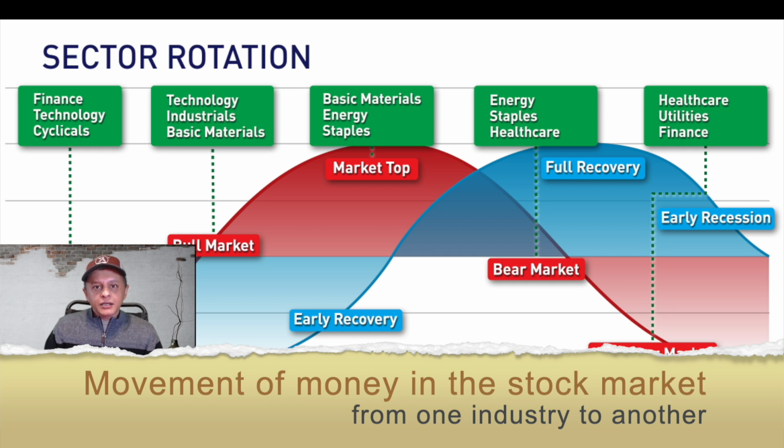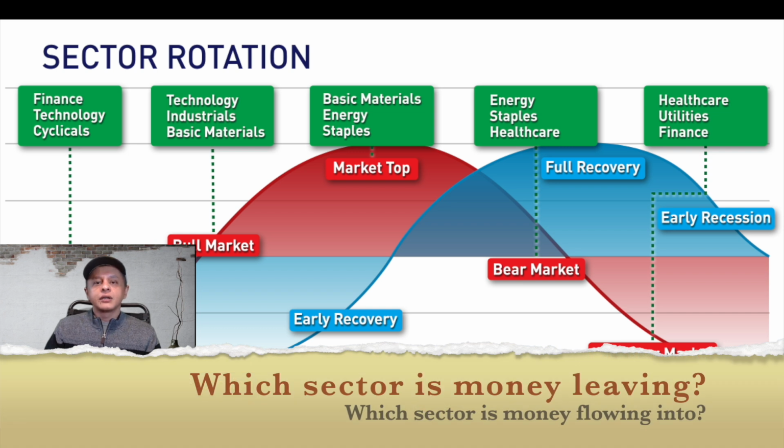So money is constantly flowing out of certain sectors and going into certain sectors. Now, just by knowing that, you must have already guessed what that means. That means irrespective of whether you're in a bull market or a bear market, you could take trades in either direction. All you have to do is figure out where money is leaving from and where it is going to.